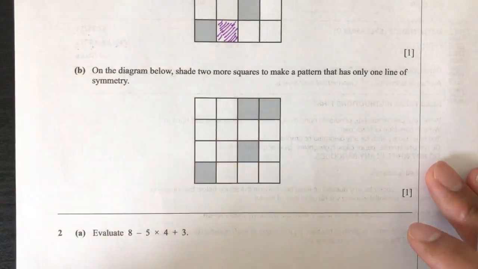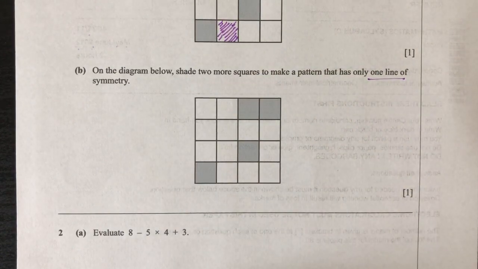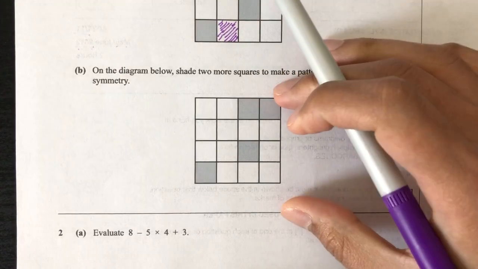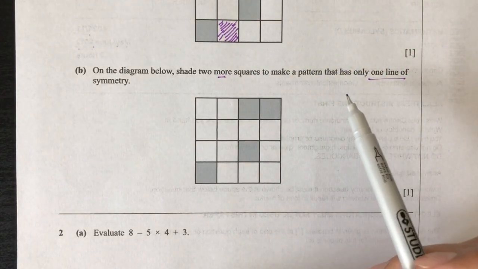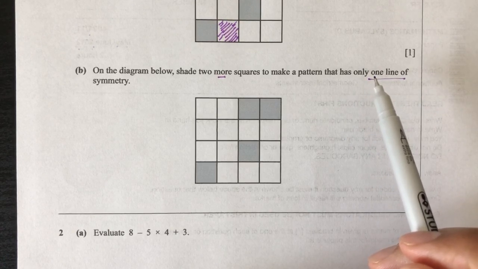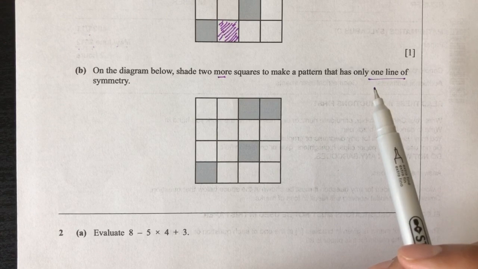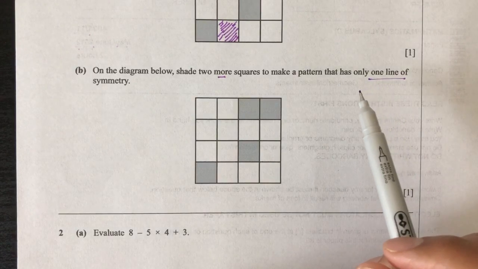Now part B, shade 2 more squares to make a pattern that has 1 line of symmetry. So it's the same for both, but we now have to shade 2 more to have 1 line of symmetry. So how can we shade these 2 squares?